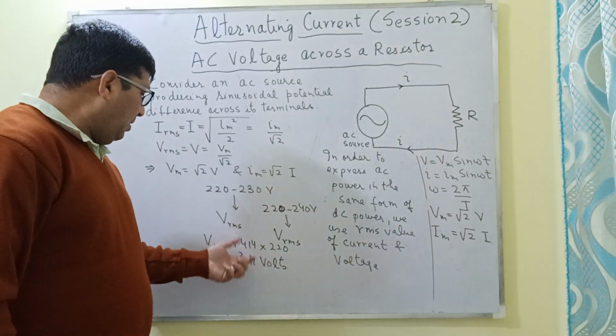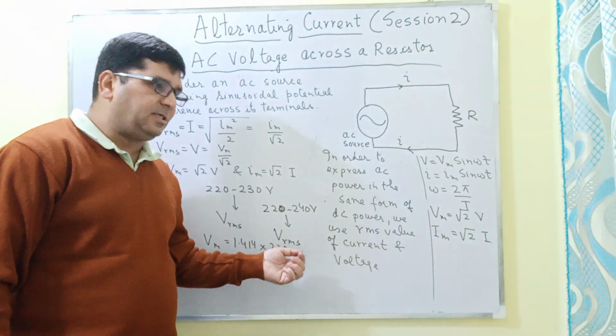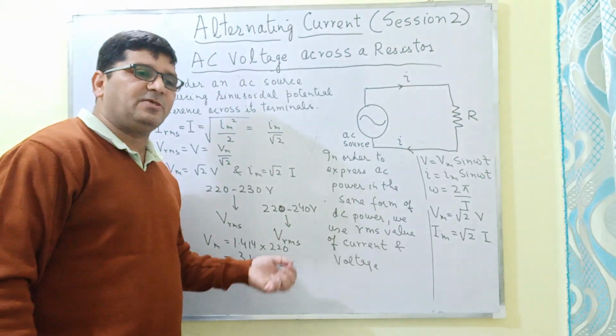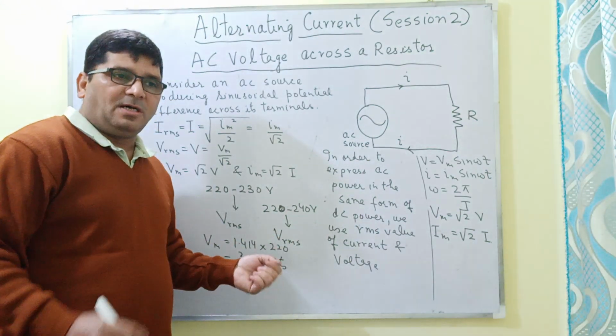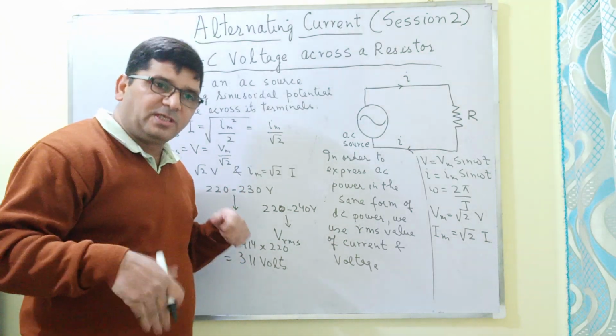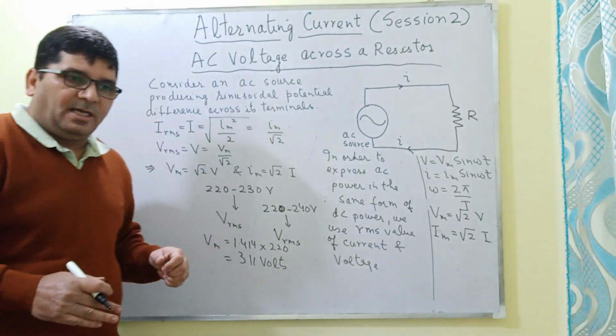So RMS voltage and RMS current are basically the effective voltage and current which is flowing in an electrical circuit.